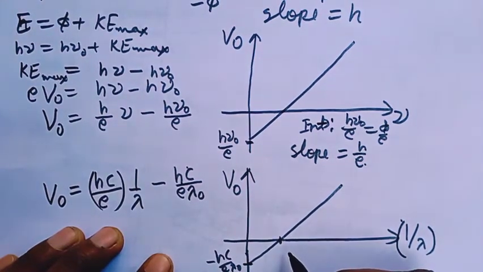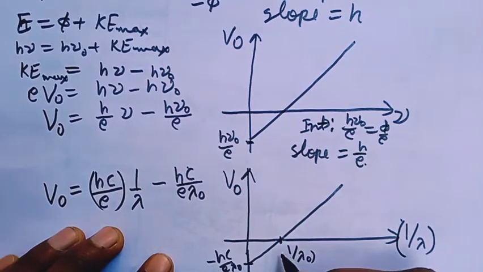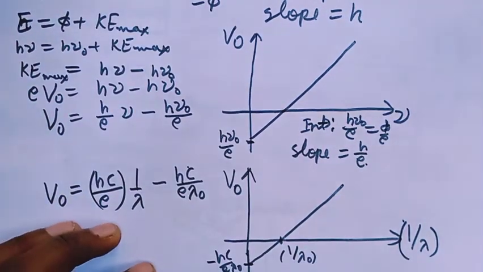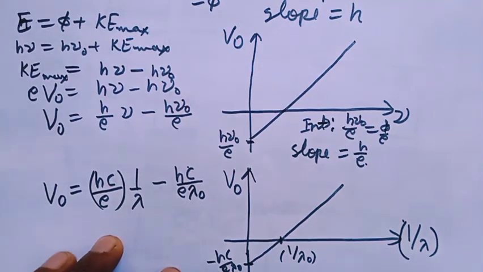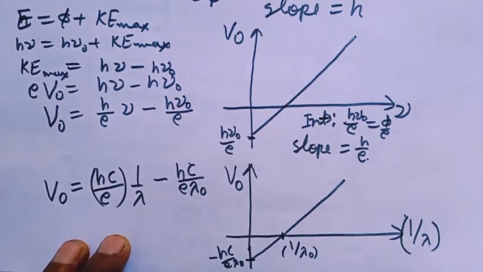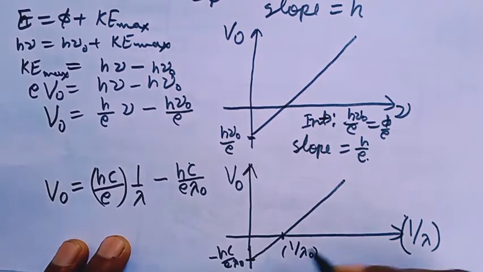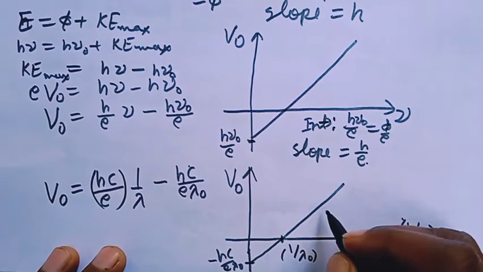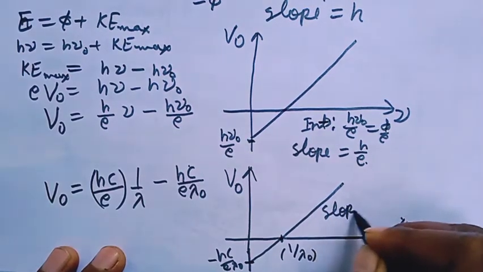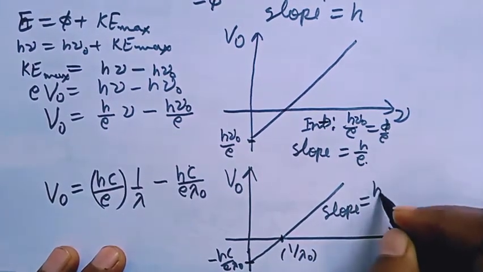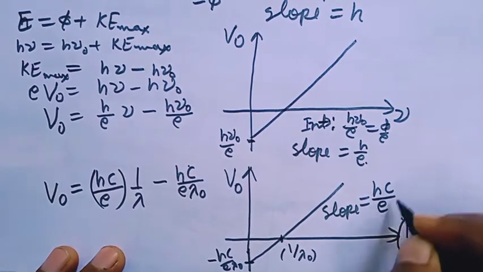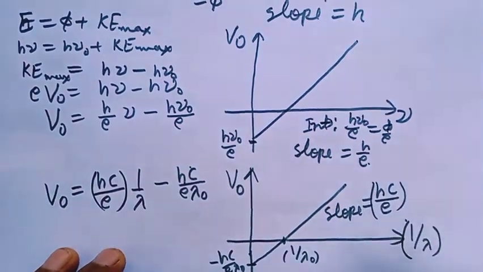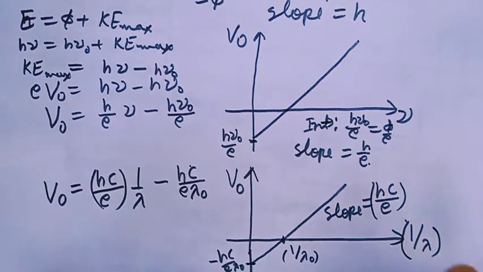Once again there is some value like 1 upon lambda naught, which corresponds to those values, okay, and see here the slope is hc by E. So these types of questions can come in the exam.